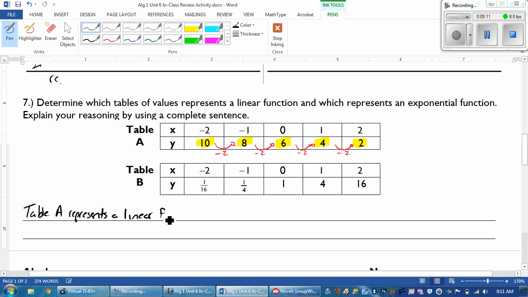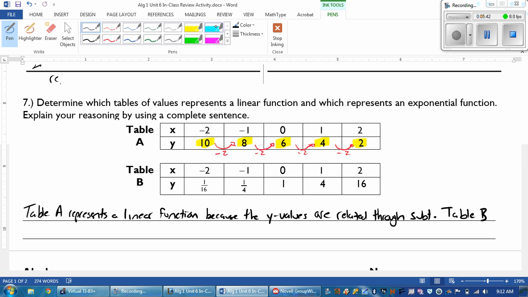It's a linear function, okay, because the y values are related through subtraction. Now, that means table B must be exponential, okay?